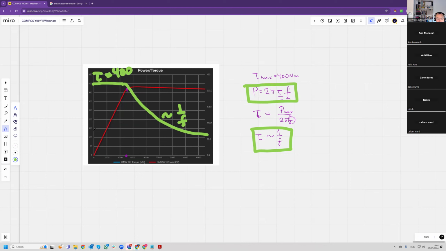So at first, power is proportional to frequency. That's frequency, yes, that's frequency here. So power is proportional to frequency until it reaches the maximum value. Once it hits the maximum value, power is roughly constant, but then the torque decreases because torque is inversely proportional to the frequency. Right.